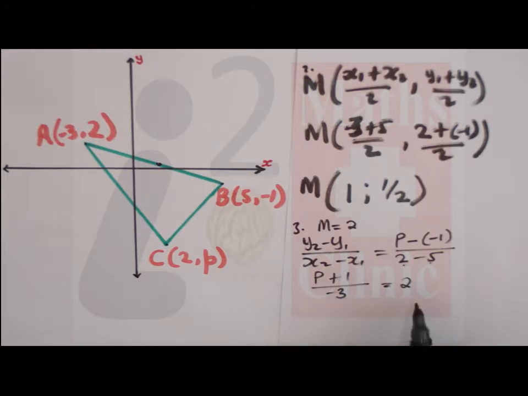To solve the equation, we cross multiply: 2 times (b plus 1) equals... 2 times a negative 3 is minus 6. So solving this equation, it's going to be minus 7. So b is negative 7.